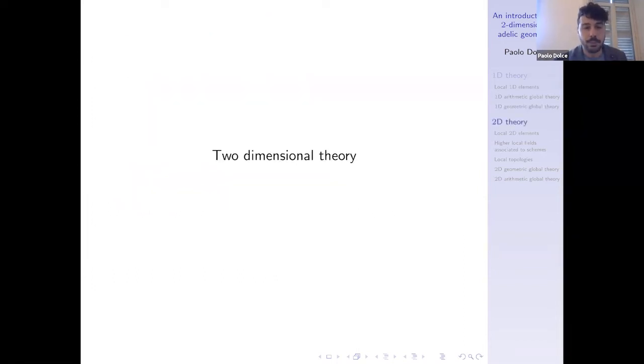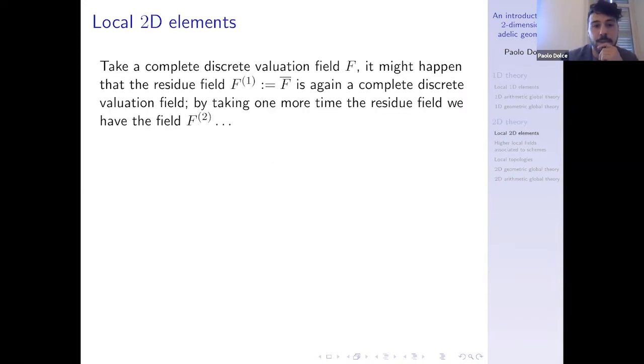Okay, now my quick review of the one-dimensional theory from the topological viewpoint is finished, and I go finally to the two-dimensional theory, which is the real focus of my talk. So we have to define the local elements. So, local two-dimensional elements. Imagine you have a two-dimensional local field, then you take the residue field. This field is again a complete discrete valuation field.